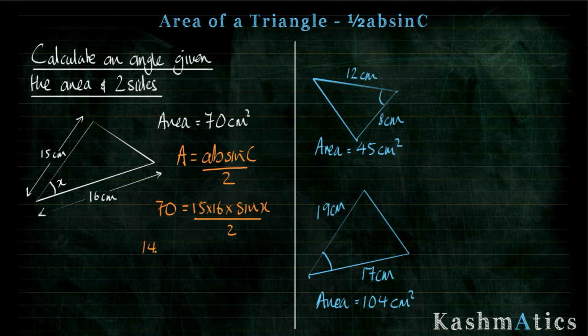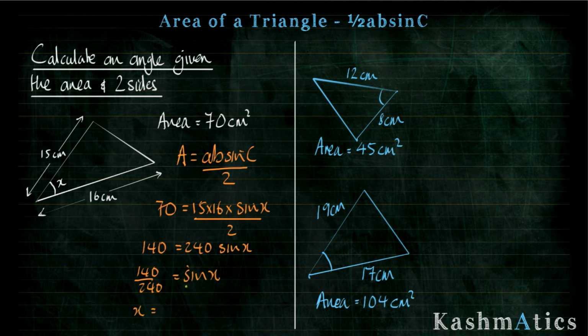So I get 140 is equal to, now I'm just going to do 15 times 16, which is 240 sine X. Now at this stage here, I divide by 240 because I want to leave the sine X on its own. So 140 divided by 240 is sine X.